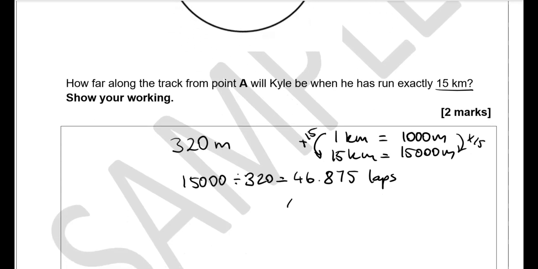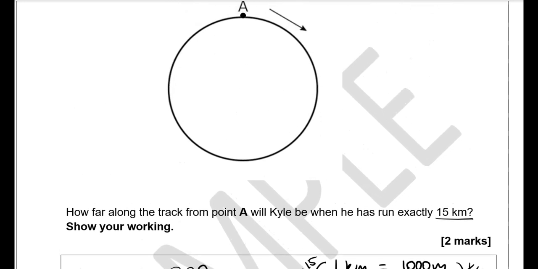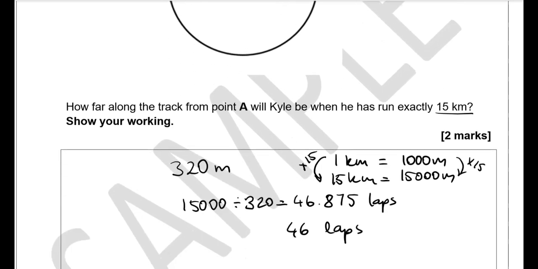So that means there are 46 full laps, which means coming back to point A at the end of the 46th lap, and then doing 0.875 of the full lap.